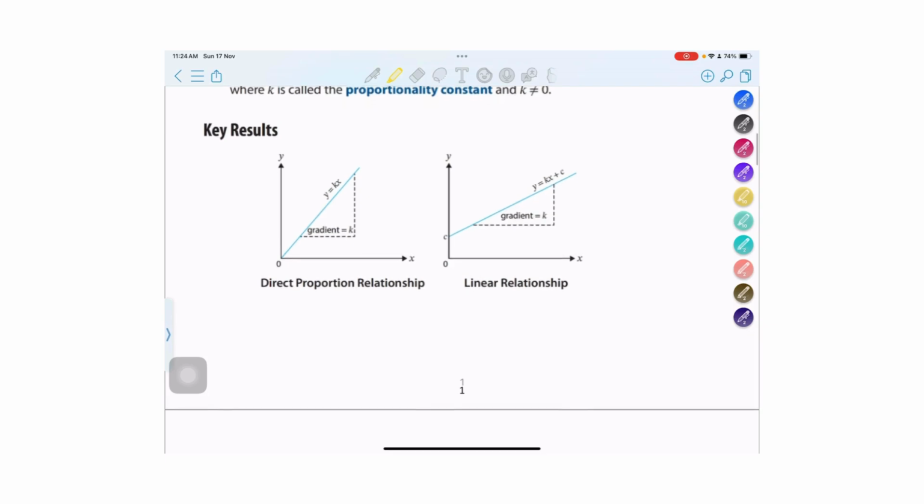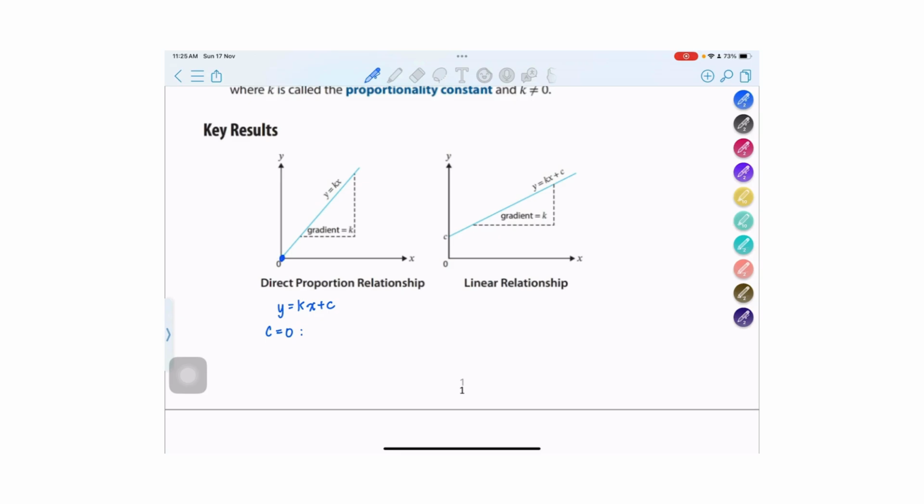Next part, let's look at these two graphs. These two graphs show the direct proportion relationship and the linear relationship. For a linear function, we have y = kx + c. If c equals 0, the graph will pass through the origin.